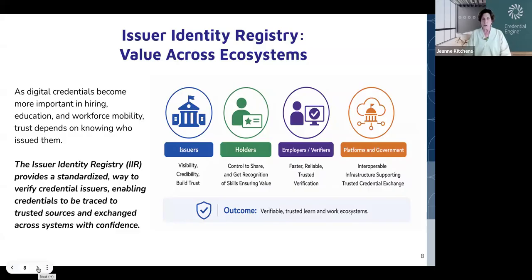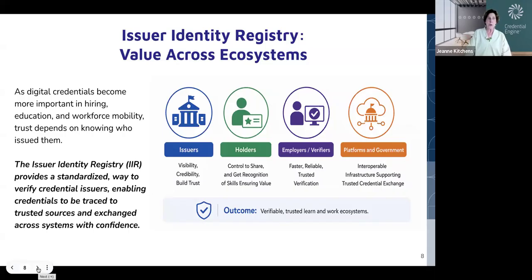Many employers are using the phone or paying sums of dollars for verifiers to find out if people are making legitimate claims and if organizations really exist. And of course, we need all the tools, platforms, and government infrastructure supporting this trust in our ecosystem.